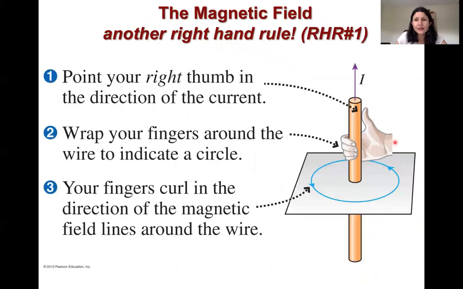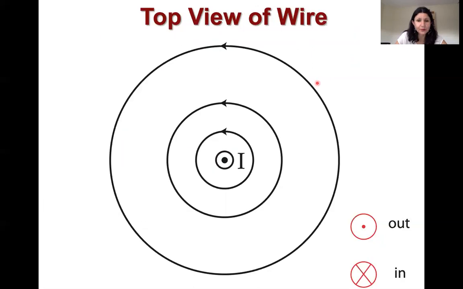So here, if we go back to this picture, imagine you're looking at the top view, so you're looking down at this wire, so the current is now coming out at you. So again, this wire is just going in and out of the board, current is coming out. And now we can still apply this right-hand rule. So now instead of your thumb up and down, the thumb is out of the board. So you should really practice this as you're watching this.